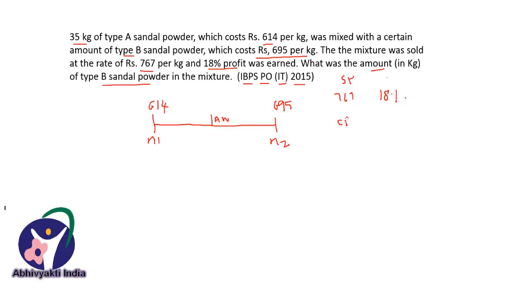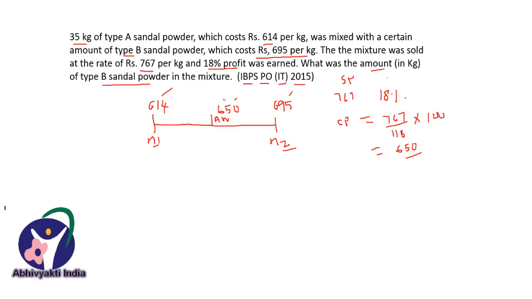According to that, cost price will be equal to 767 divided by 118, because 18% is the profit, so it will be 118, multiplied by 100, and if you solve this, you get 650. So the average cost price is 650.